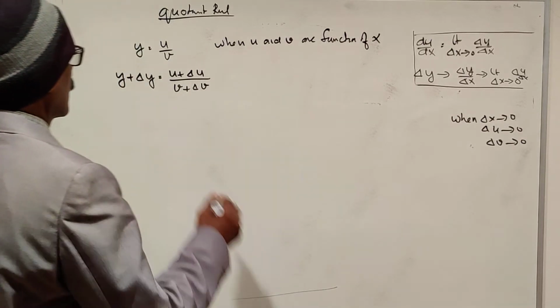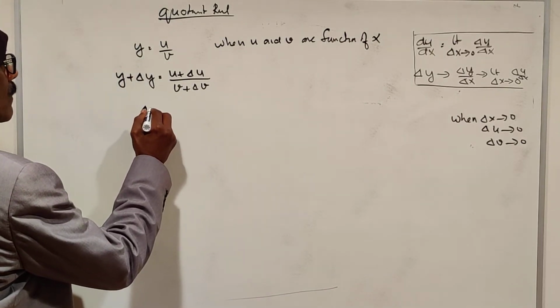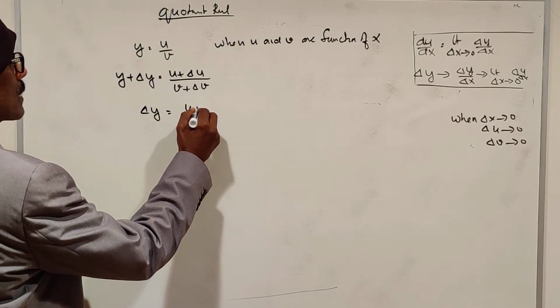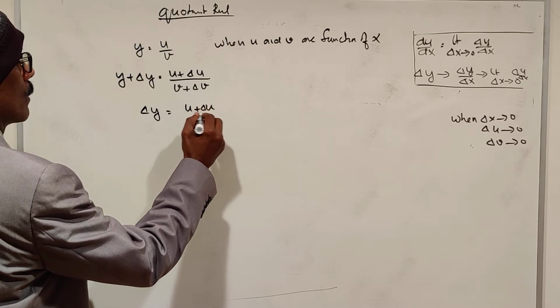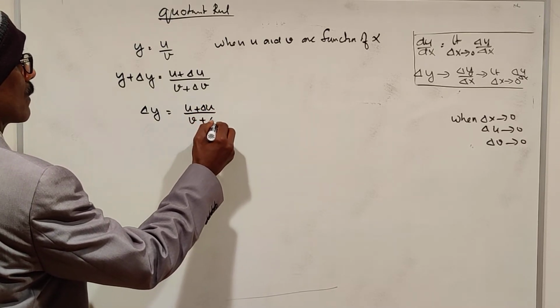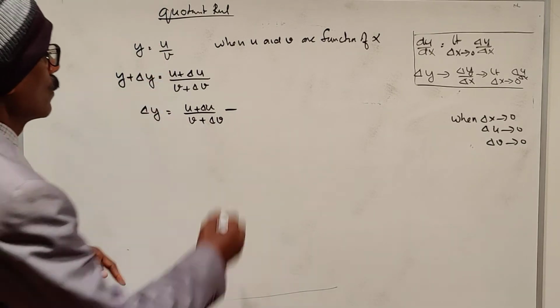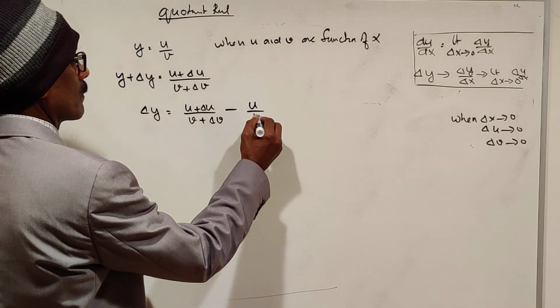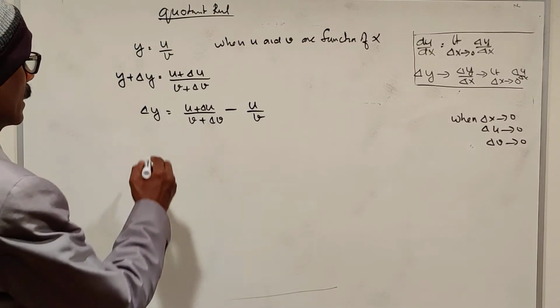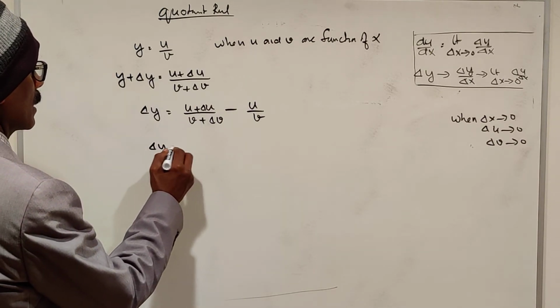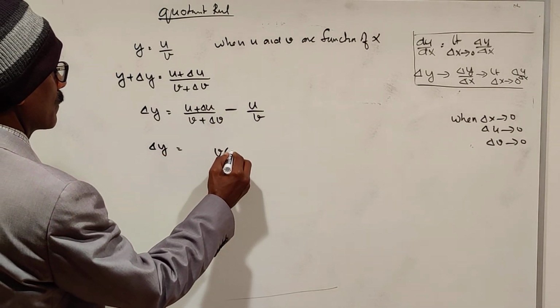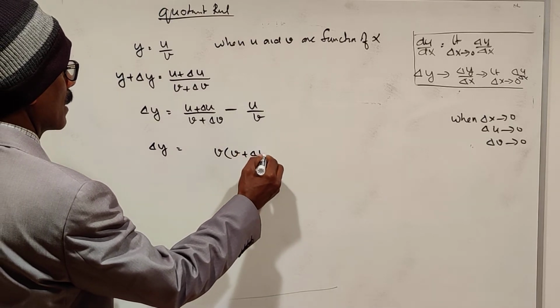Okay, here next, delta y equals (u plus delta u) by (v plus delta v) minus y. Y is what? u by v. Then delta y equals, over v times (v plus delta v).